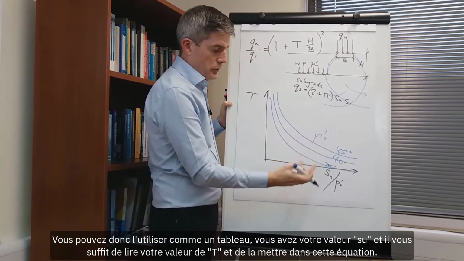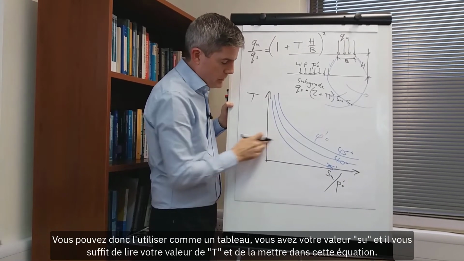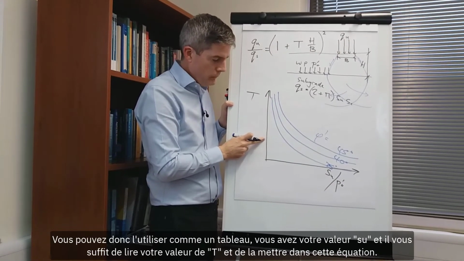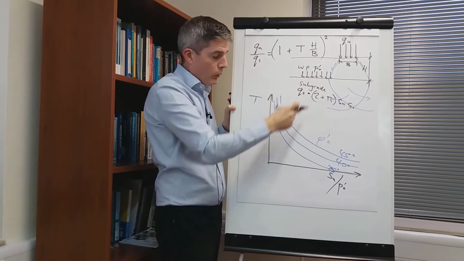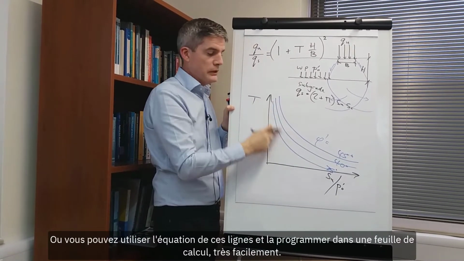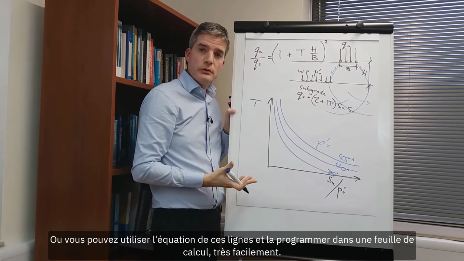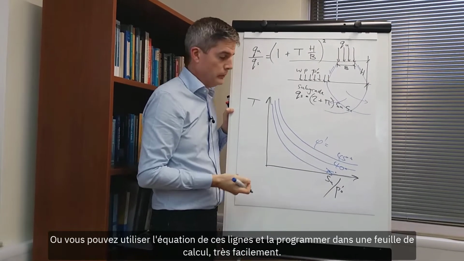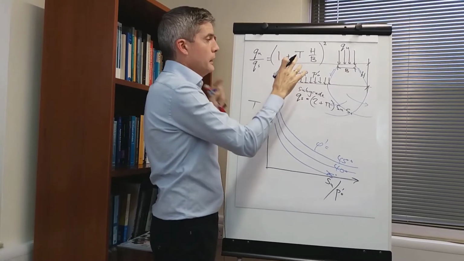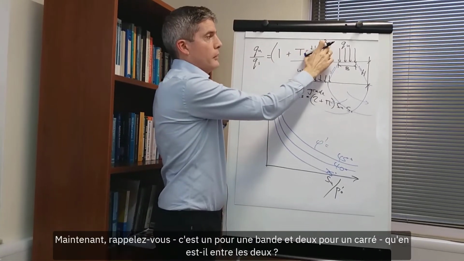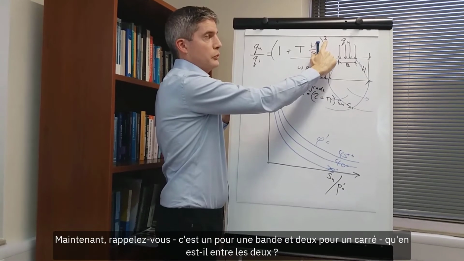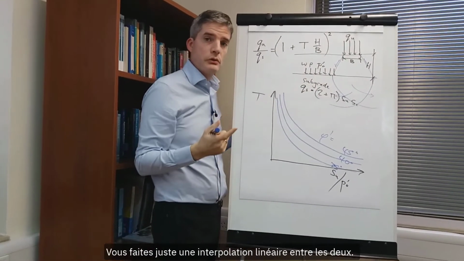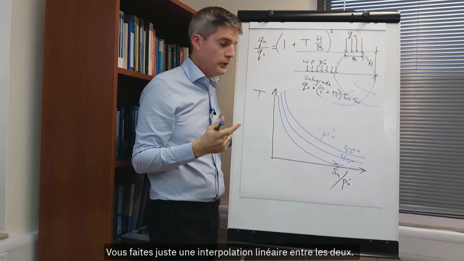You could use this as a chart: you have your SU value and simply read off your value of T and put it into that equation. Or you can use the equations of these lines and just program it into a spreadsheet very easily. Now remember, this is 1 for a strip and 2 for a square. What about in between? You just do a linear interpolation between the two.